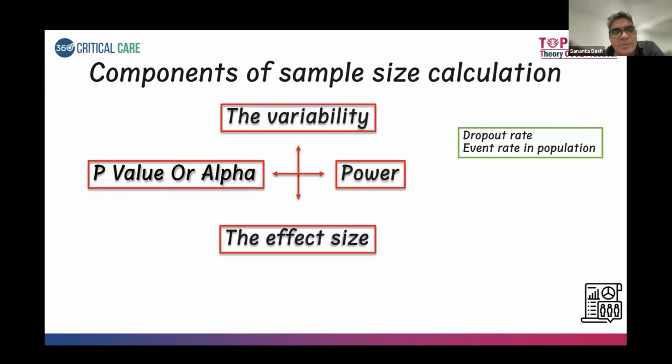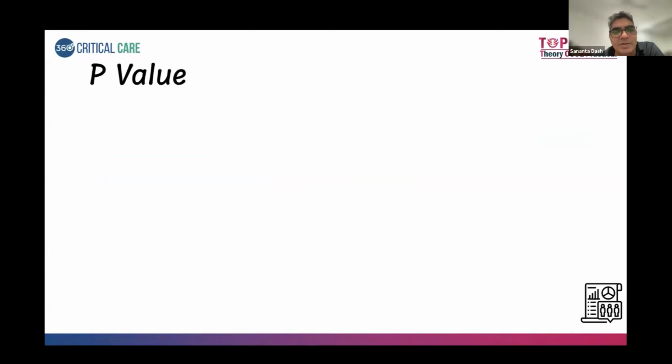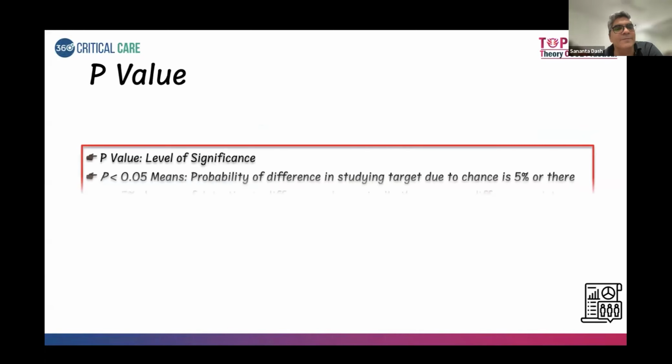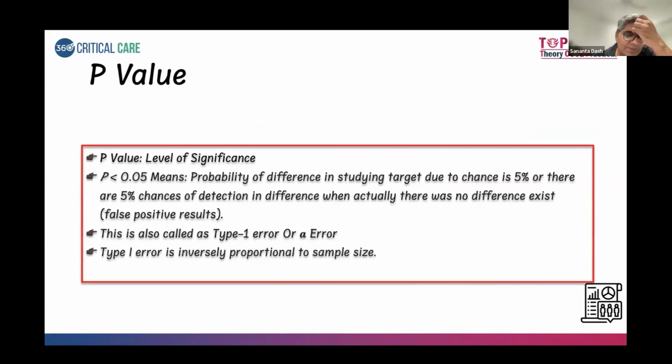Now we'll talk about them one by one. I will not describe the value per se or what you mean by p-value, but how it affects the sample size. That will be the important aspect of this presentation. So p-value represents the level of significance. We usually take a p-value of less than 0.05.